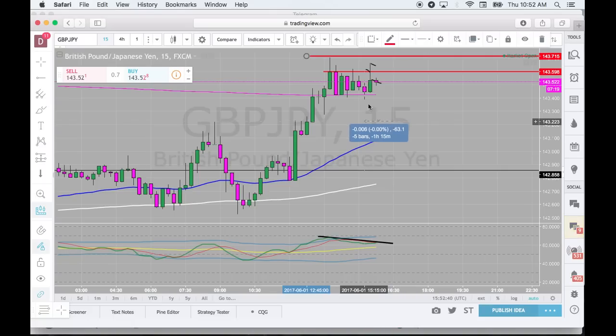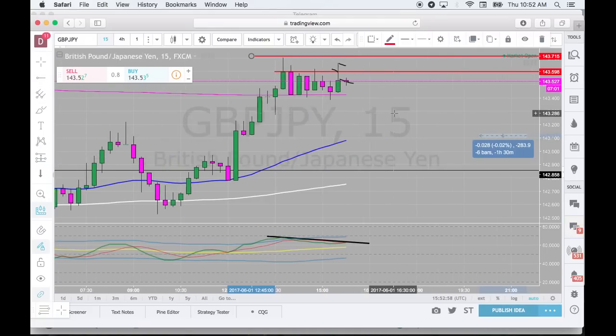And if you would have gotten in here or in here, you could have had a 8 to 10 pip stop loss. And that's what we're trying to get, you guys. If I would have been really focused, I would have seen this and just pounced on it like that. Caught that. But yeah, this is what we're going for.